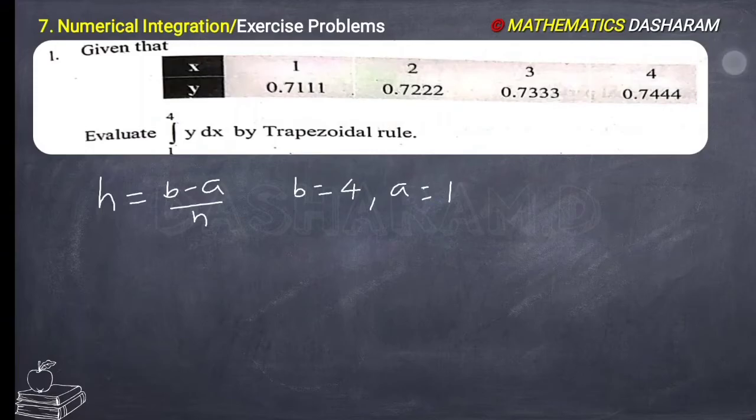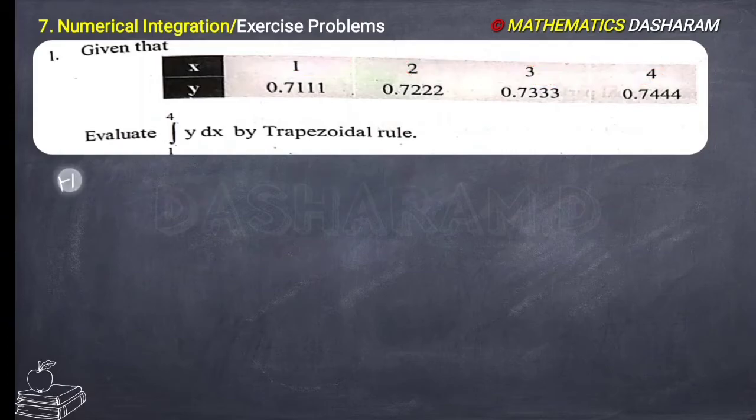So from the table observe the x values 1, 2, 3, 4. That means each subinterval is increasing by 1. Am I right? 1 plus 1 is 2, 2 plus 1 is 3, 3 plus 1 is 4. So we can understand the length of each subinterval is 1, so h equals 1.